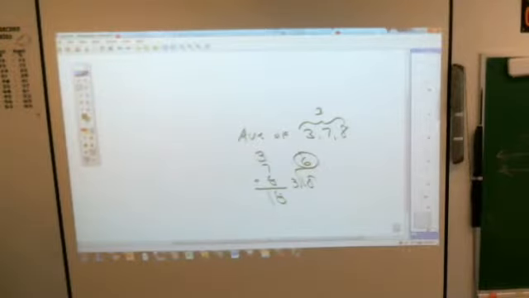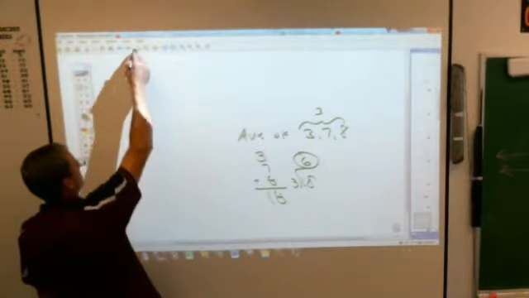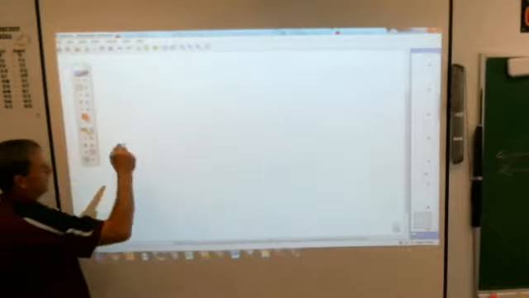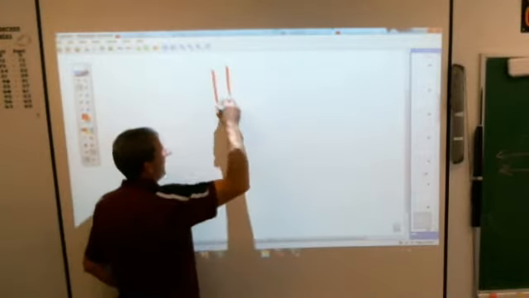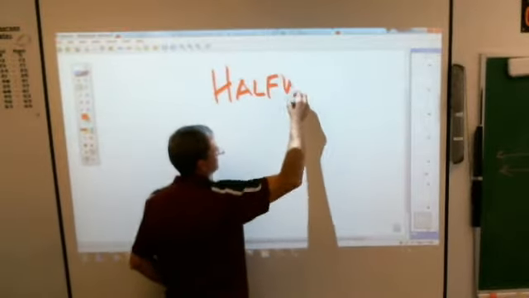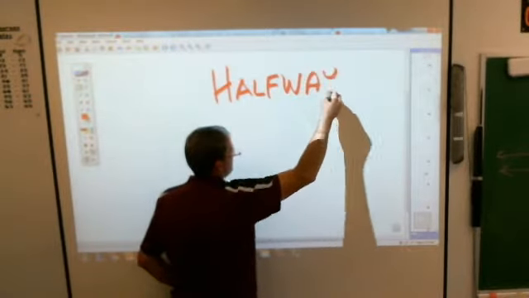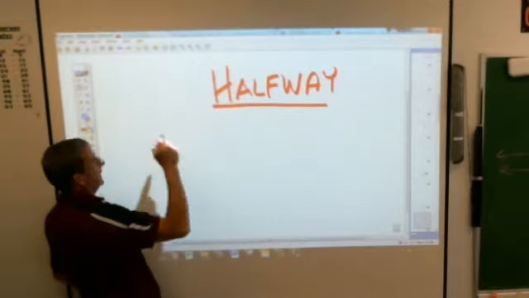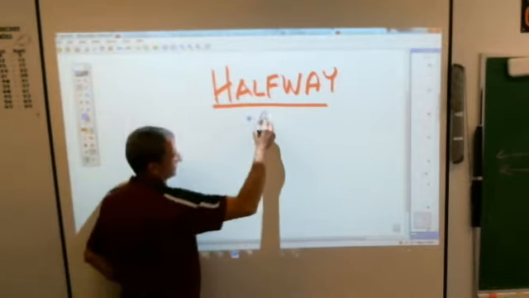Now, the other thing to remember when they're asking you average, you take out a blank piece of paper just so you have this. It'll be very quick and short and to the point. If you are ever asked for the number that is halfway, halfway is another way for asking average.